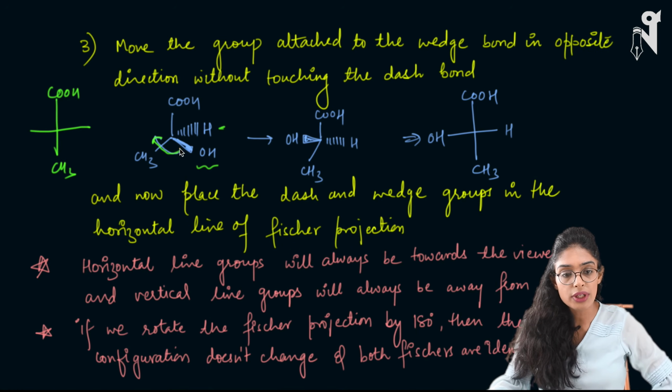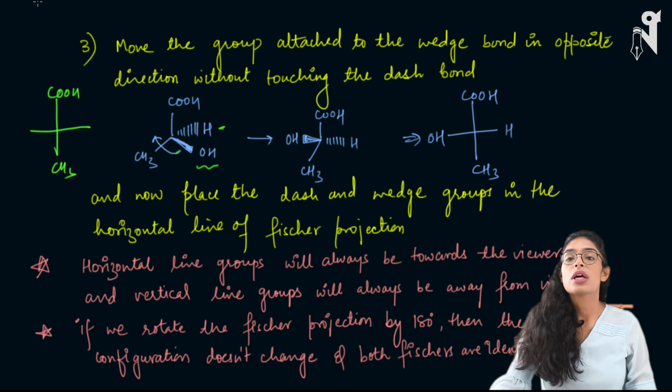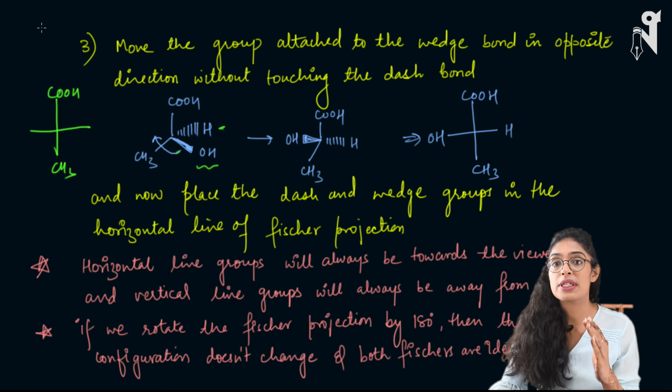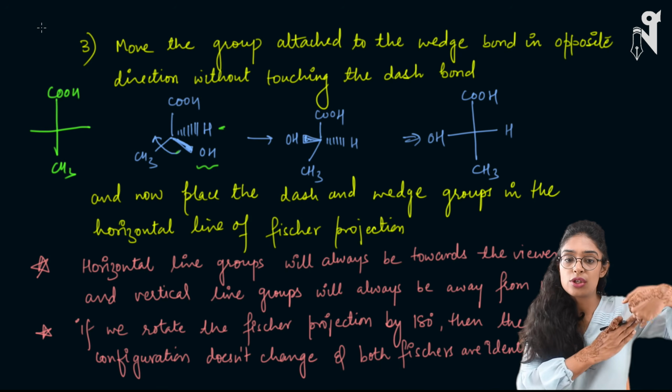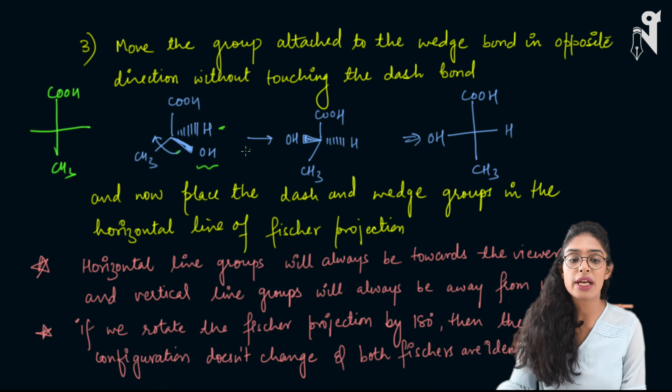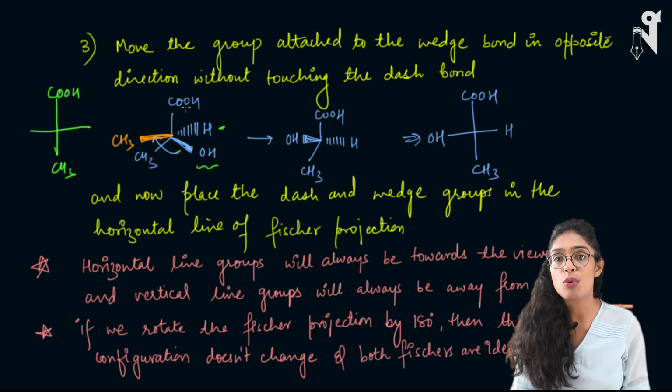Instead, we just move the OH without shifting the hydrogen, without shifting the dash representation. We just move our wedge representation in the opposite direction, and when we move it, this OH will come to this side of CH3. So we don't have to touch hydrogen or the dash bond at all.